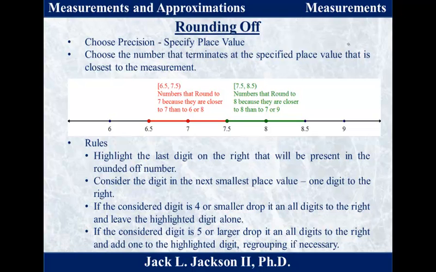The numbers between 7.5 and 8.5 round off to 8, and the numbers between 6.5 and 7.5 round to 7. Notice that what that gives us is an interval that's closed on the left and open on the right. So bracket 6.5 comma 7.5 parenthesis are all the numbers that round off to 7.